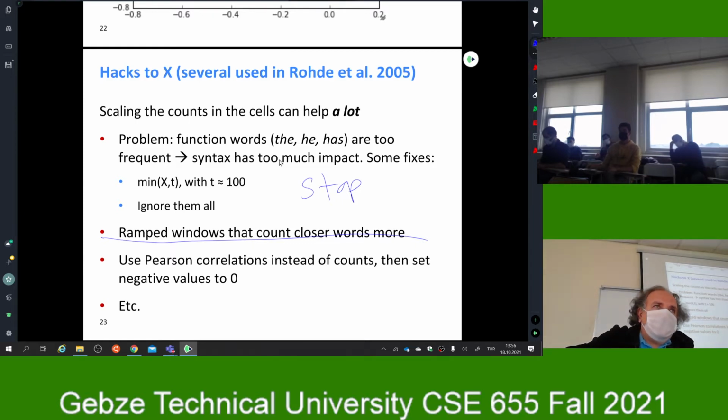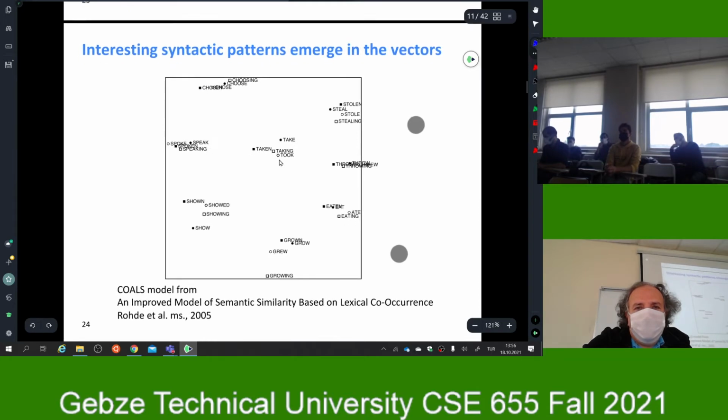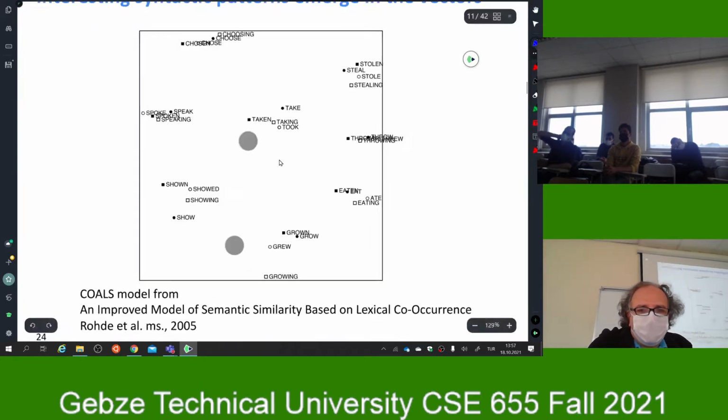Again, don't expect that this technique will work as it is. And if you make it work, these are some of the relations, exactly the same technique. If you draw the positions of some of the verbs on this two-dimensional world, this is what you are getting, okay?